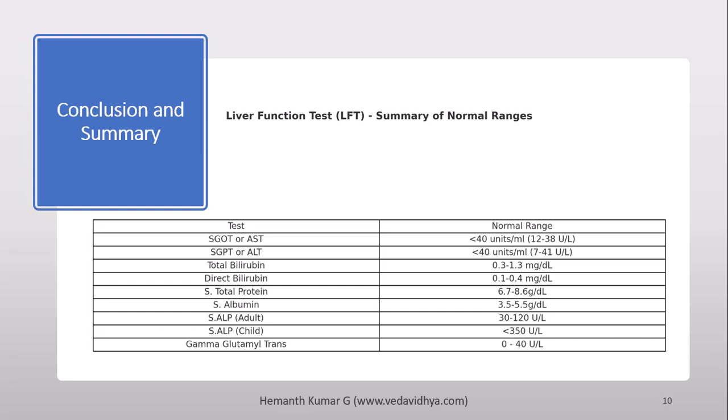We have explored various tests, including SGOT or AST, SGPT or ALT, total and direct bilirubin, serum total protein, serum albumin, serum alkaline phosphatase for both adults and children, and gamma glutamyl transferase. Each of these tests provides vital insights into the health and function of the liver, an organ crucial to numerous metabolic processes in the body.